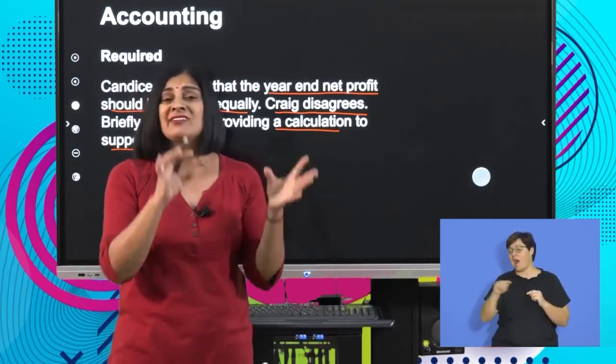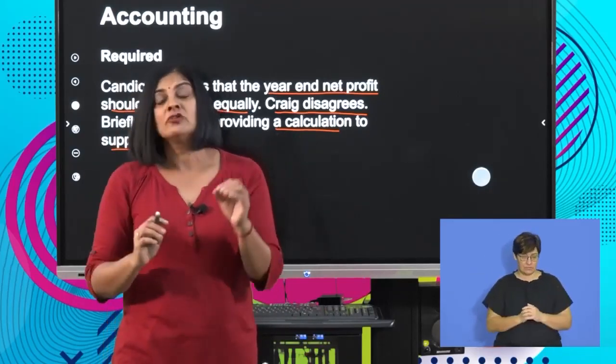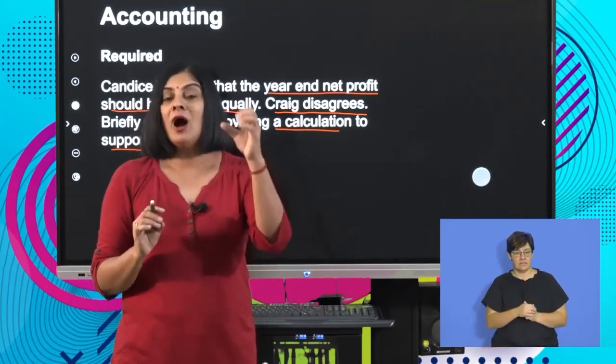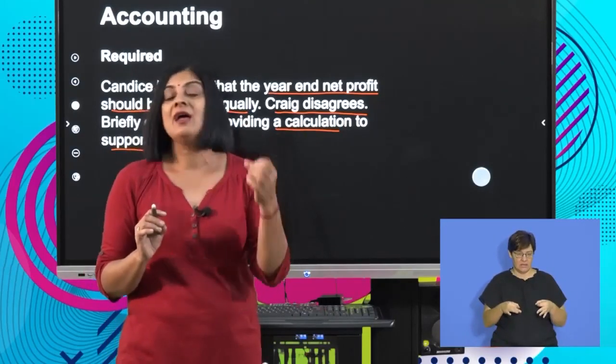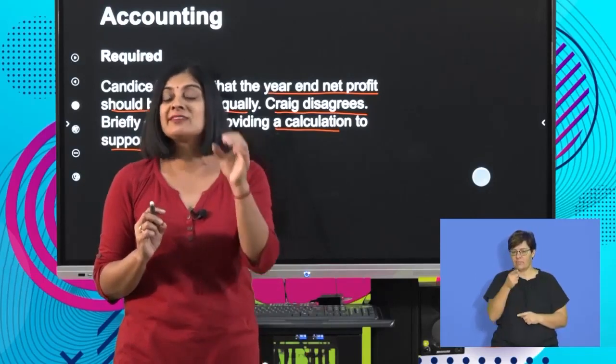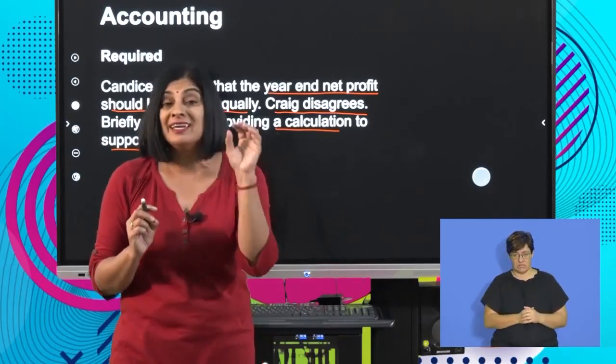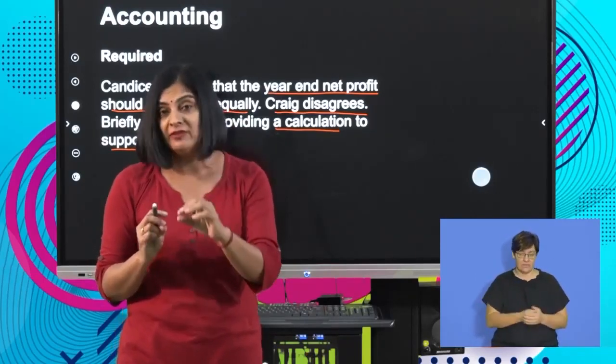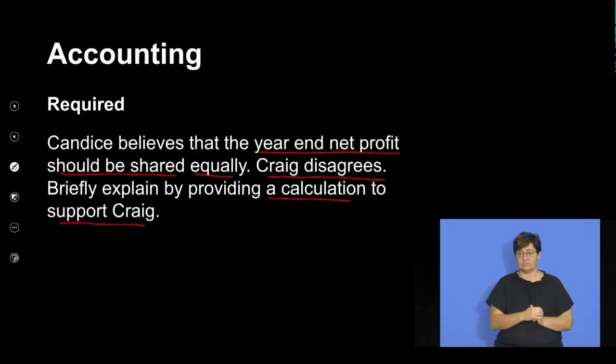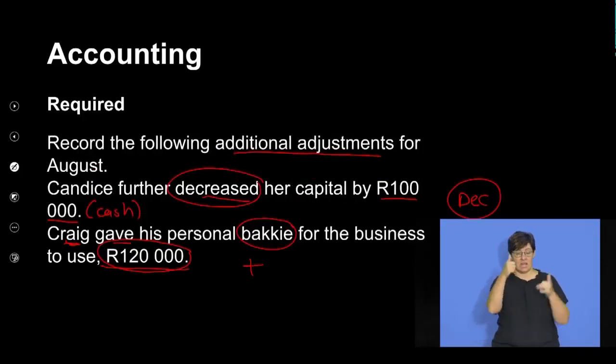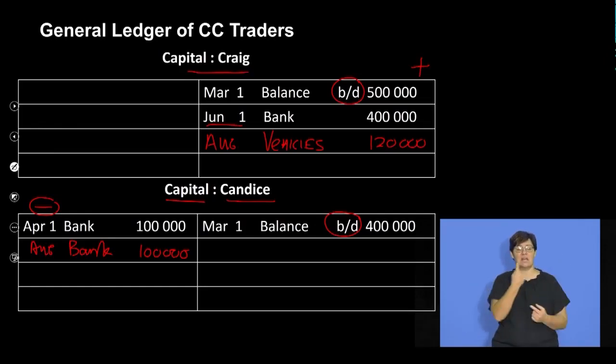They haven't given us anything further. So our explanation has to come from that capital account, from the information given. Very, very important. So let's go back to our ledger accounts and analyze each partner's capital contribution.